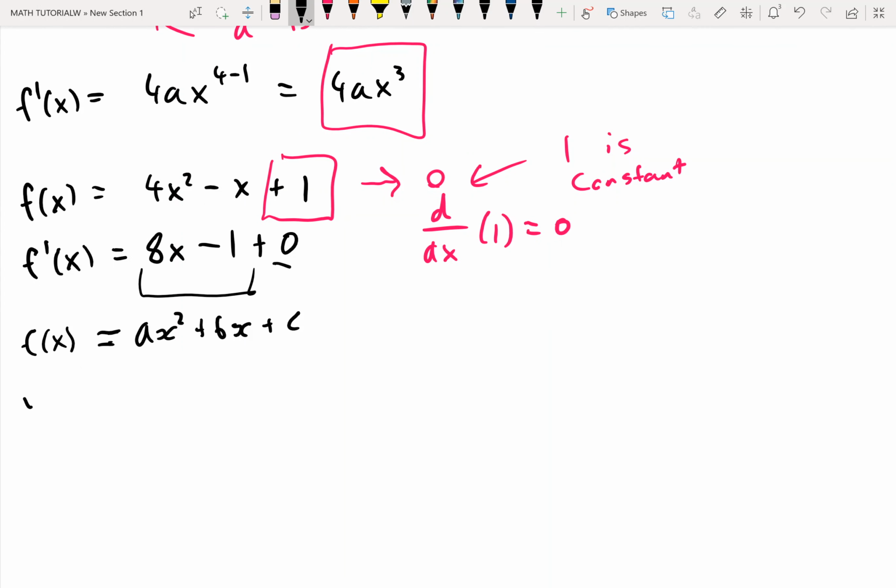So f prime of x in this case would be 2ax plus b. Okay? So linear combinations of polynomials are always independent to one another. Okay?